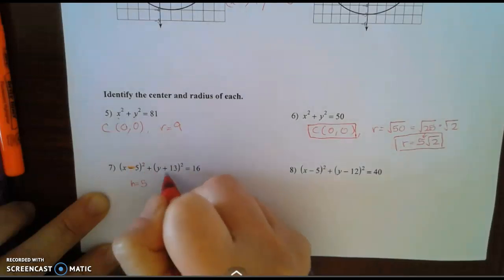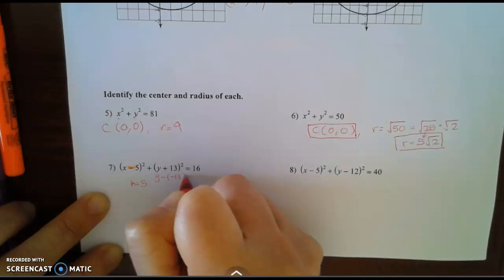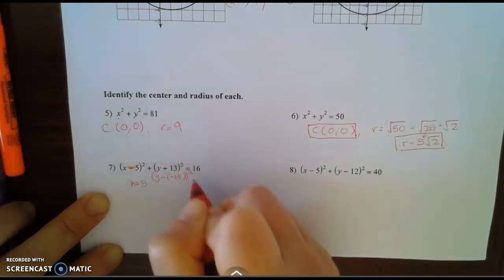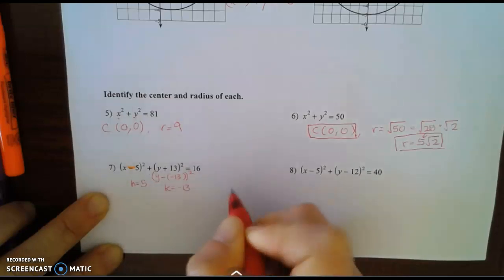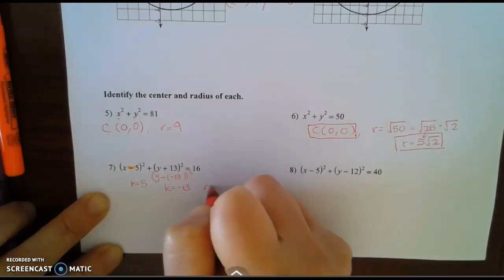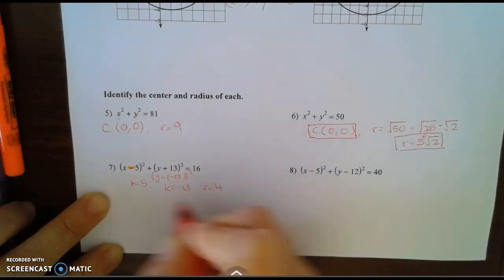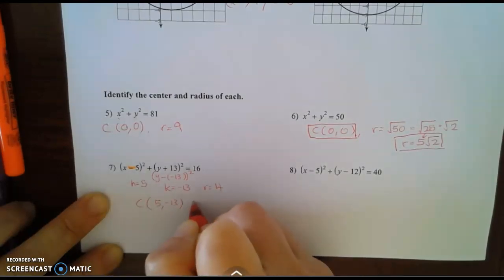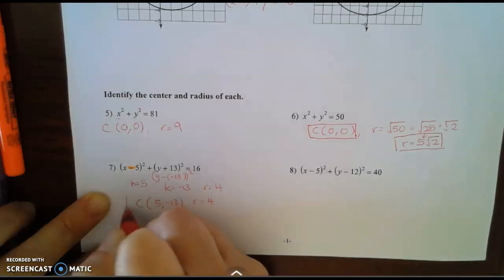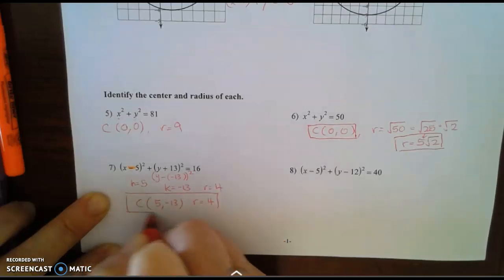So we could have converted this as y minus negative 13 all squared, in which case we can clearly see that k is going to be negative 13. And then r is going to be square root of 16, which is going to be 4. So the center is 5, negative 13, and r is 4, and that will be my answer.